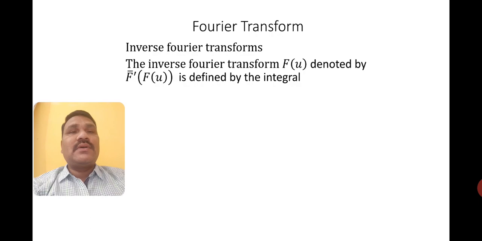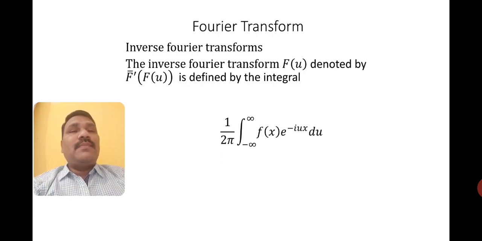If you want to take the inverse, you take the Fourier answer, f of u, and apply the inverse on it. You will get 1 by 2 pi integral minus infinity to plus infinity f of u e to the power minus i u x du, right? There it was with respect to x, here with respect to u.